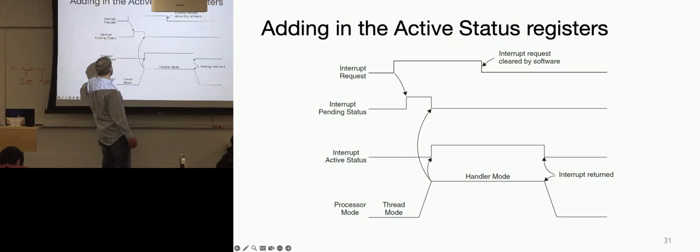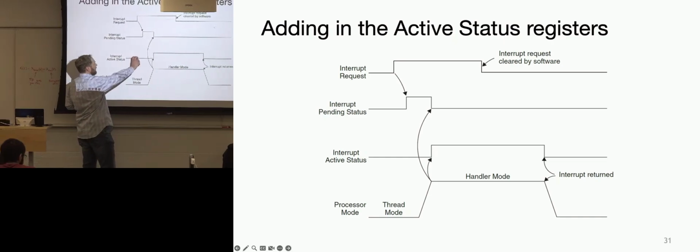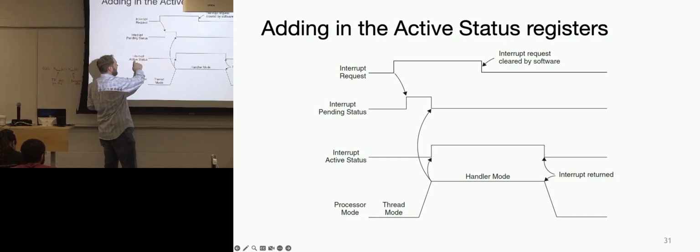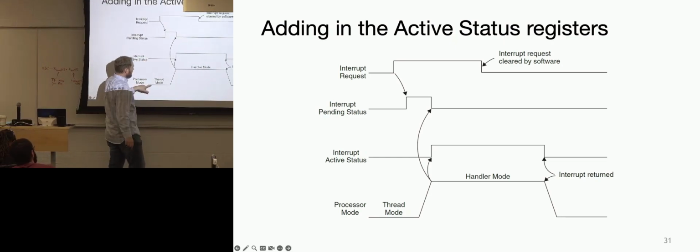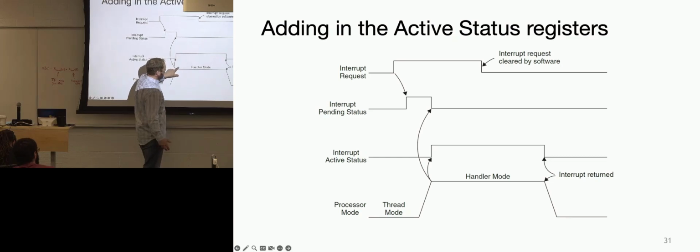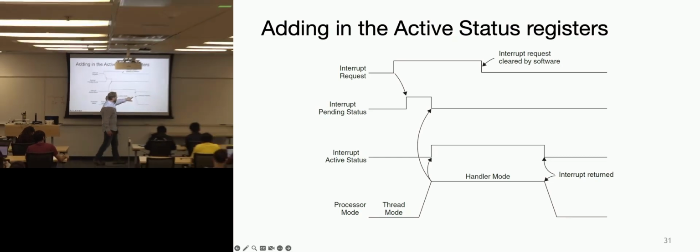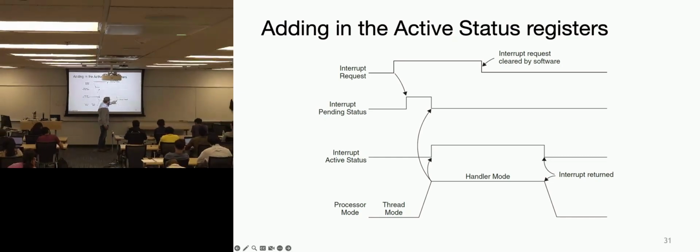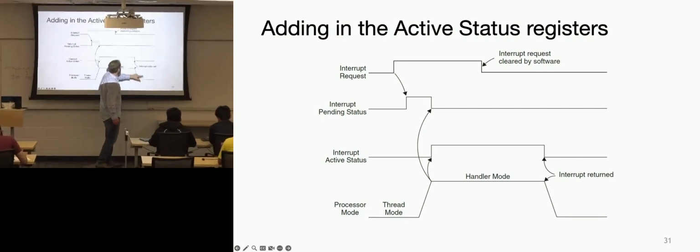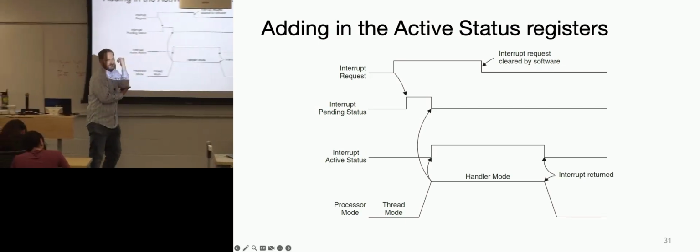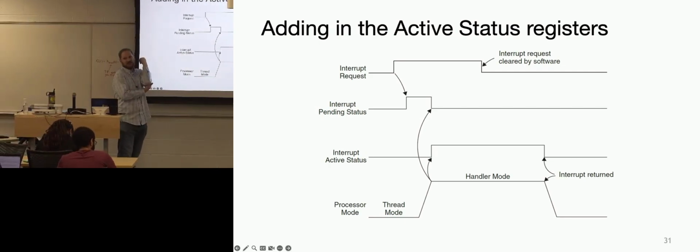Well, first your NVIC is going to say, okay, we're going to go into active state. So it's going to go from inactive to active, this particular interrupt. And that's held in the active status register. And then the processor is going to go into handler mode, which is basically going to do the IRQ. It's going to end it. When it ends, this is going to be deasserted. It's going to go back down. That's the normal state of how these things work. So do we have any questions on this?